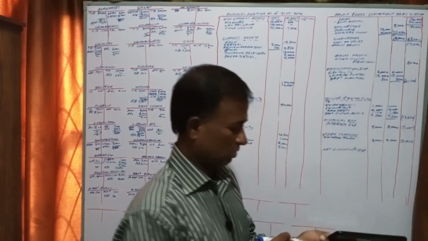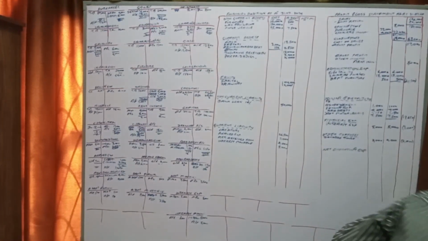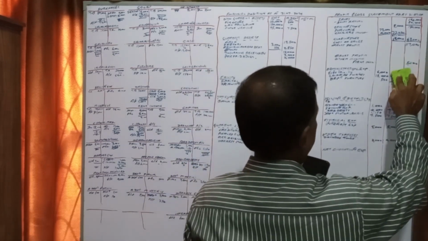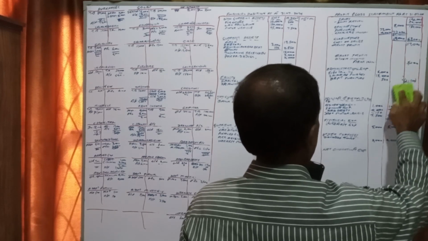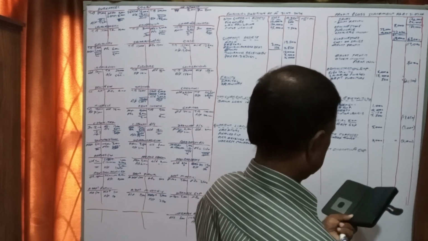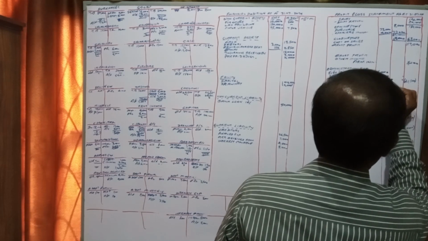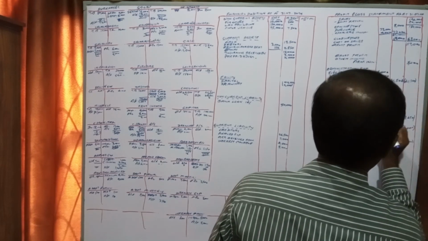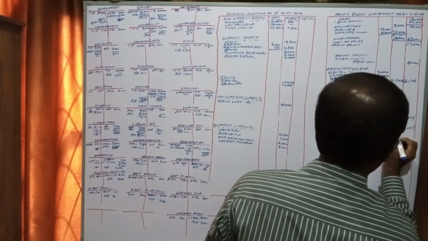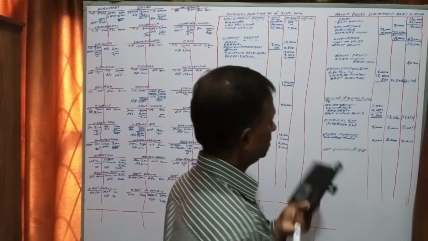Okay, so what we can do is take all of these now. Here balance is 21,500. Here balance is 13,650. Here balance is 5,000. Here balance is 2,000. Right?